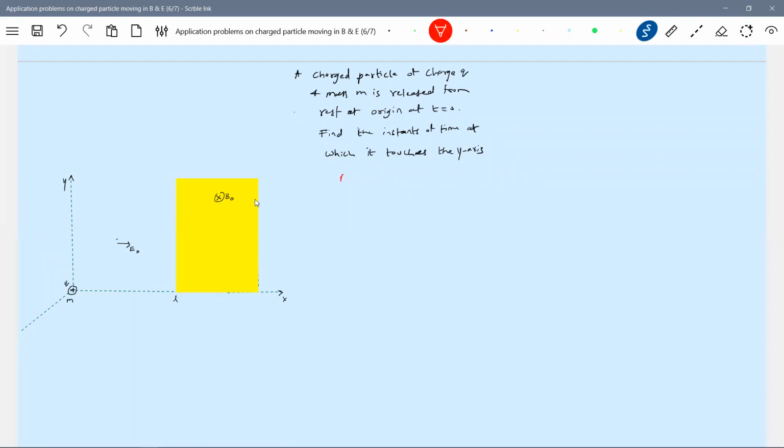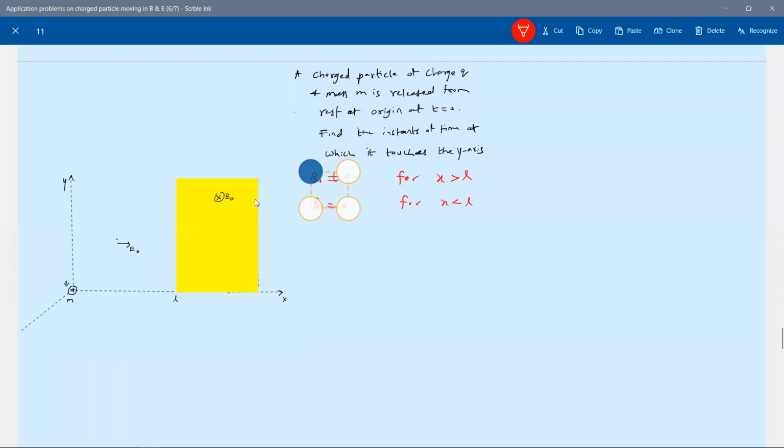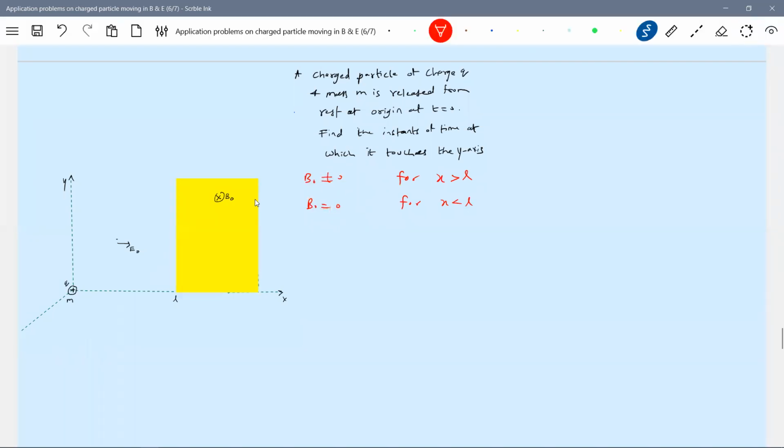B bar is non-zero for x greater than L. E naught is present in the region, I'll add this data so that it will be easy for you. And E will be 0.